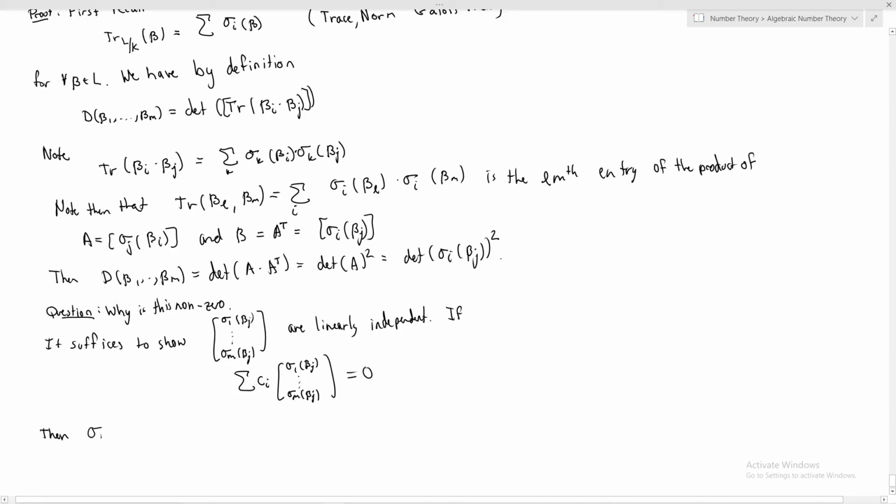So then sigma 1 of these, and this equals 0, and this is a sum over j.